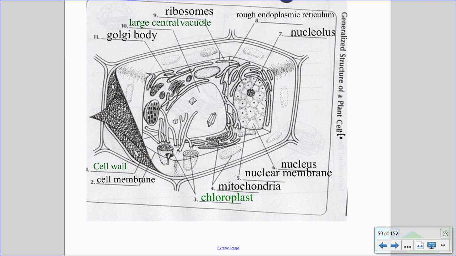You might want to underline those or do them in a different color like I did. So we start to understand that there are some structures that are a little different between plant and animal cells. Now I'm going to turn my sheet over and label the animal cell. Like I said, if you need to, pause at this point and fill in your plant cell side, and then follow me to the animal cell.